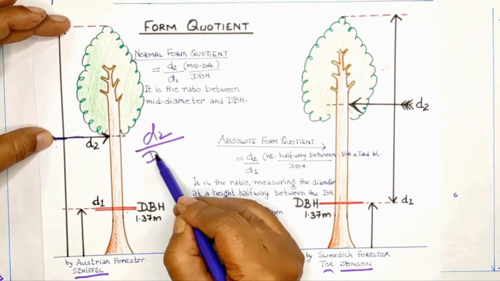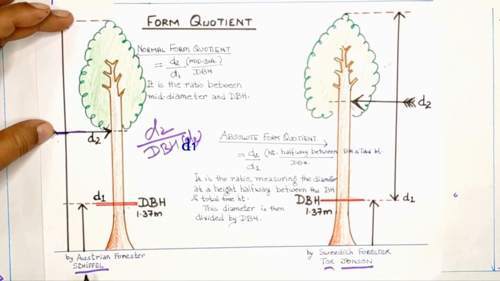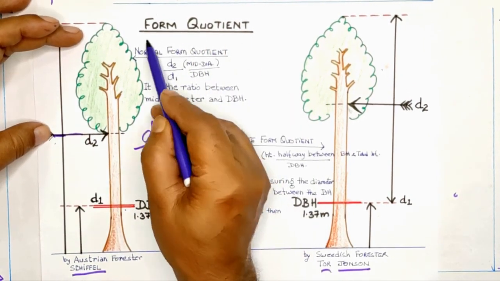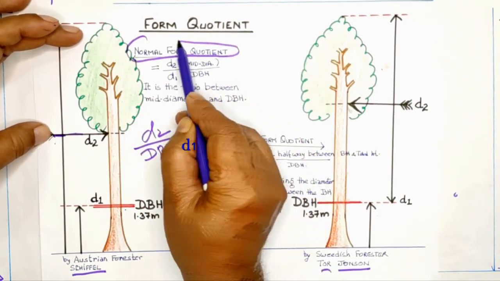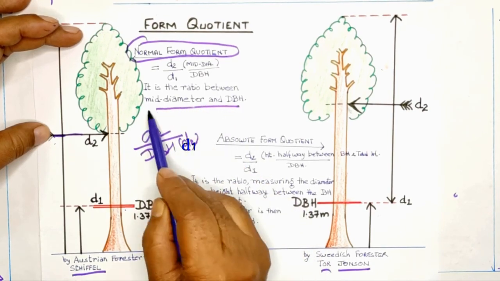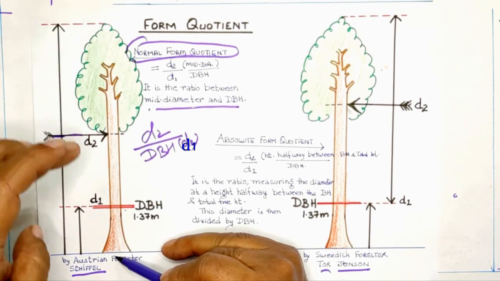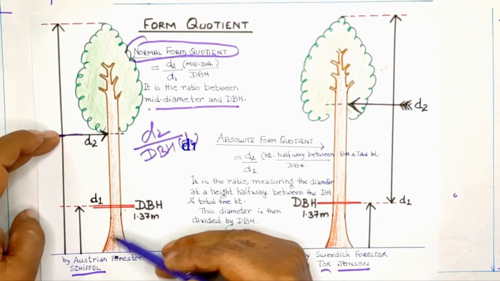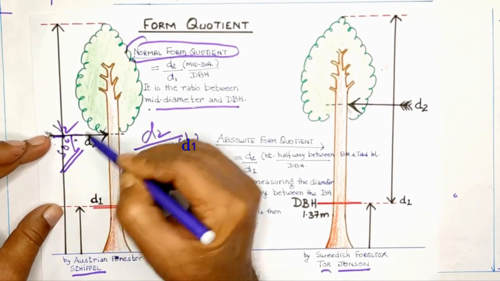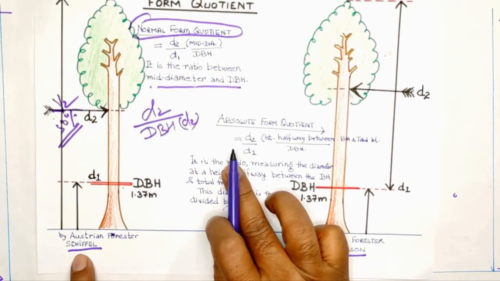So the Australian forester Schiffel defined the form quotient, which we call the normal form quotient. The normal form quotient is the ratio between the mid diameter and the diameter, where the mid diameter is the diameter at 50% of the total height of the tree. This is called the normal form quotient by Schiffel.